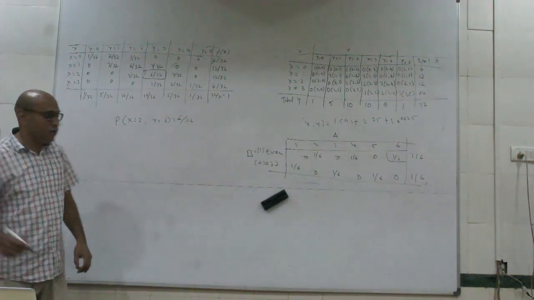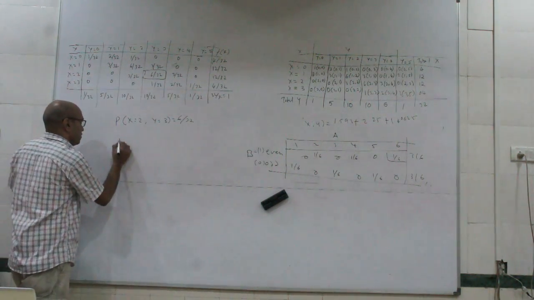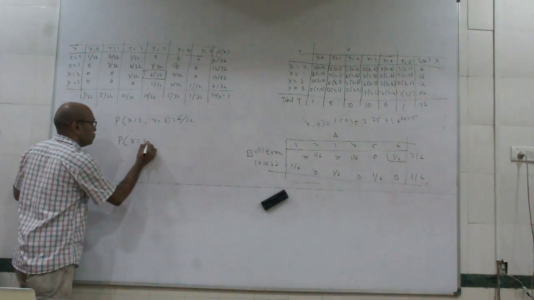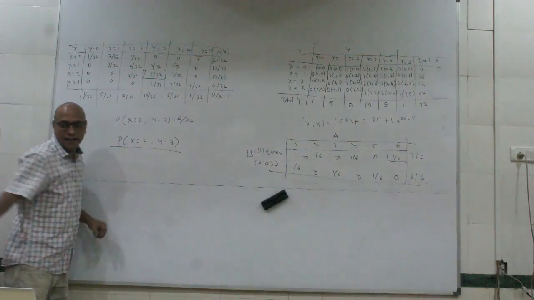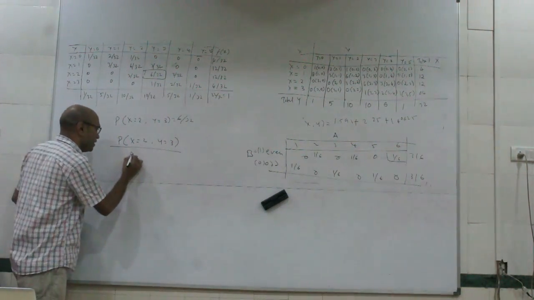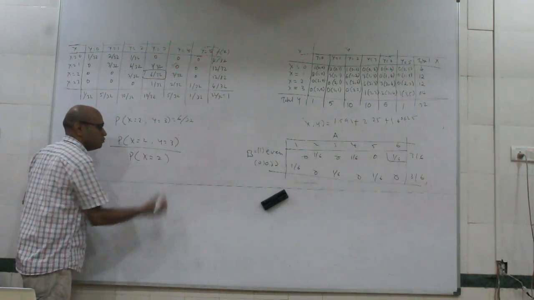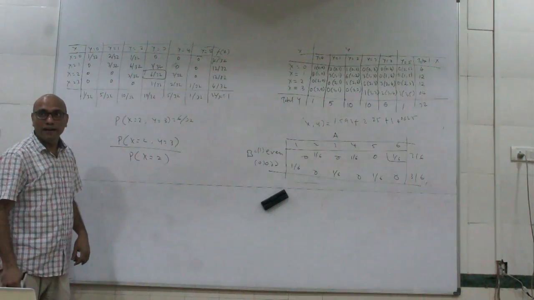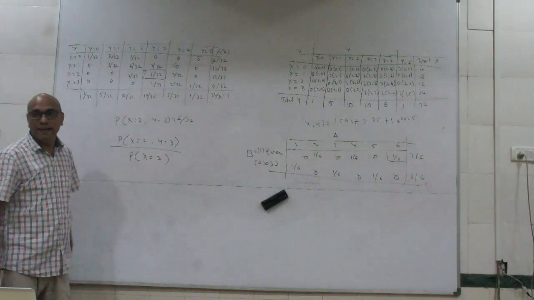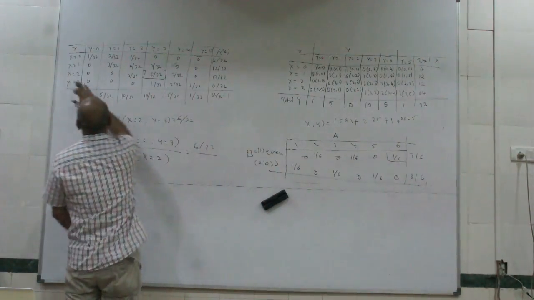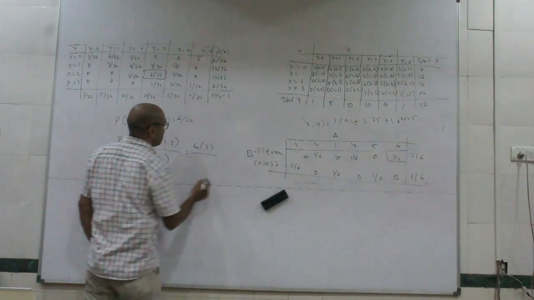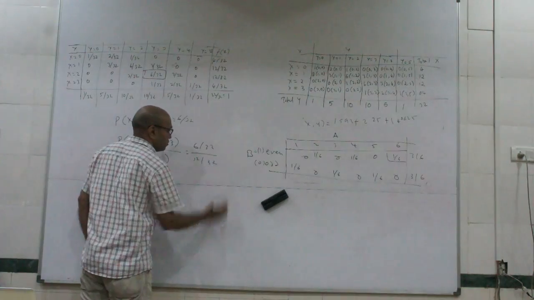So the probability that x is equal to 2, y is equal to 3, divided by the probability that x takes a value 2. That is 6 by 32 divided by 12 by 32.